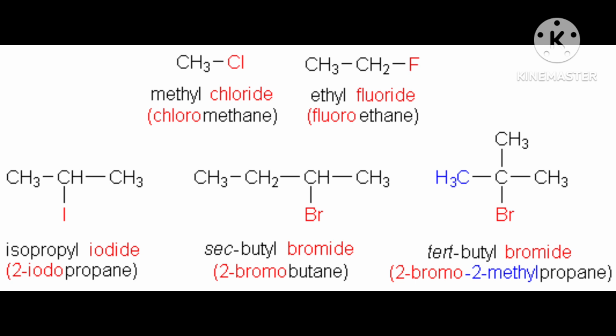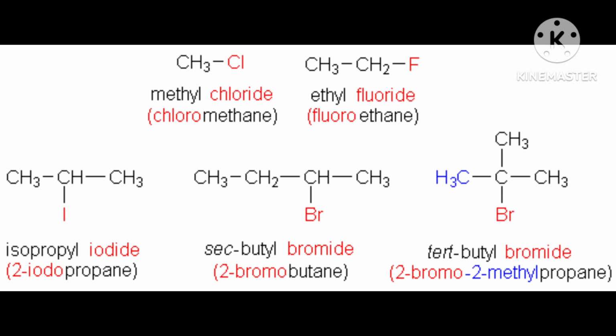Now again, next I am telling you, the seventh structure isomer. Now here what you have to do, the methyl group branch can be changed. That time CH3 was attached with carbon number 2.